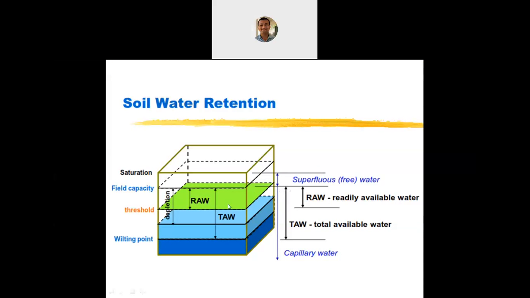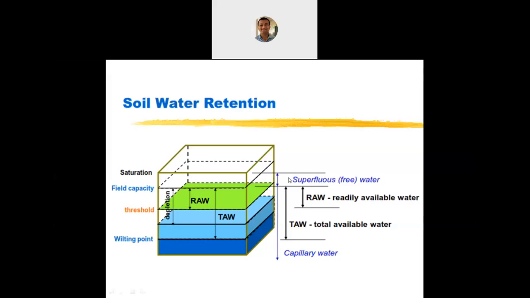Now previously, as I said, the water present between field capacity and permanent wilting point, this is the total available water to the plants. Somewhere at the midpoint between field capacity and wilting point, it is known as readily available water. Above the field capacity, it is known as saturation, or superfluous water, which is not available to the plant.